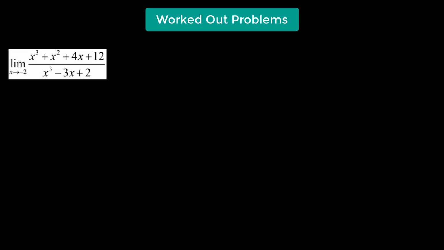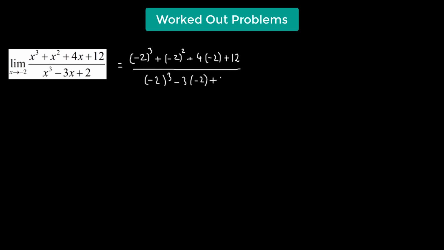So here we have to find out the limiting value of the given rational function when x approaches negative 2. So we begin by substituting the value of x by negative 2. So we have negative 2 cubed plus negative 2 squared plus 4 times negative 2 plus 12 divided by negative 2 cubed minus 3 times negative 2 plus 2.